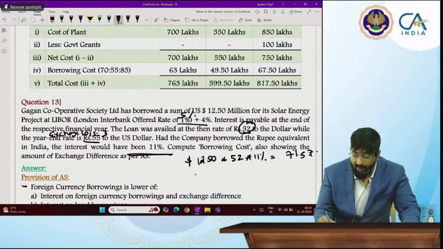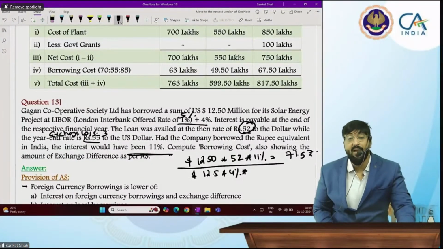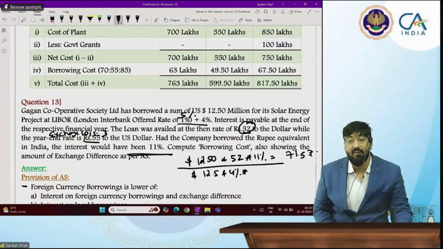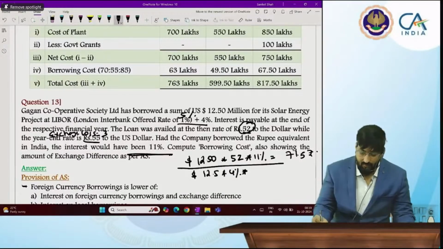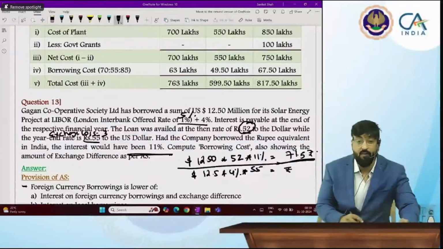Now how much interest will be charged abroad? 12.5 into 5%. And when are you going to pay this interest? After 1 year, at the end of the financial year. What is the exchange rate after 1 year? 55. So what is the amount of interest that you paid in Indian currency to foreign?